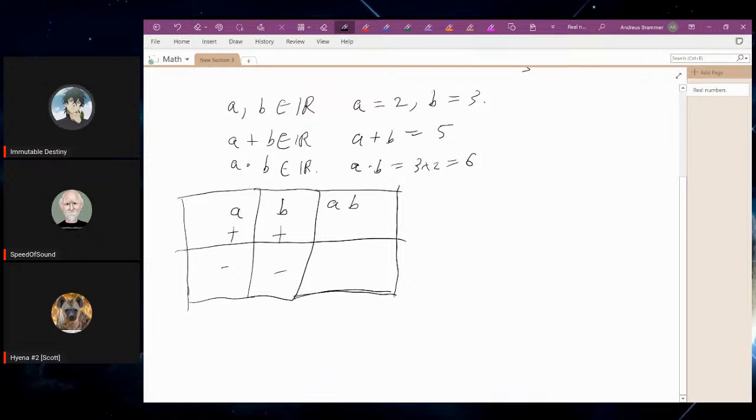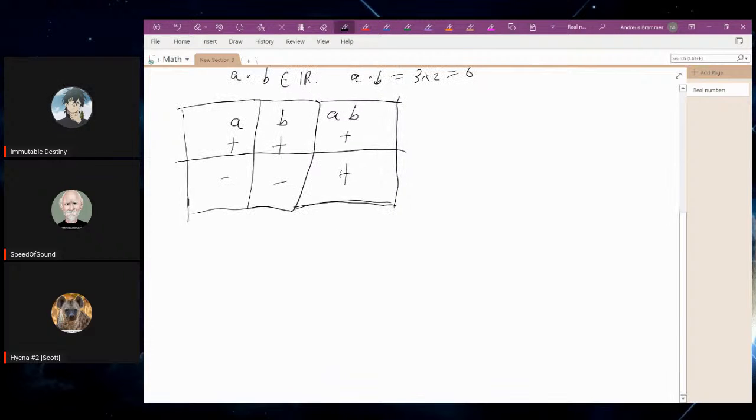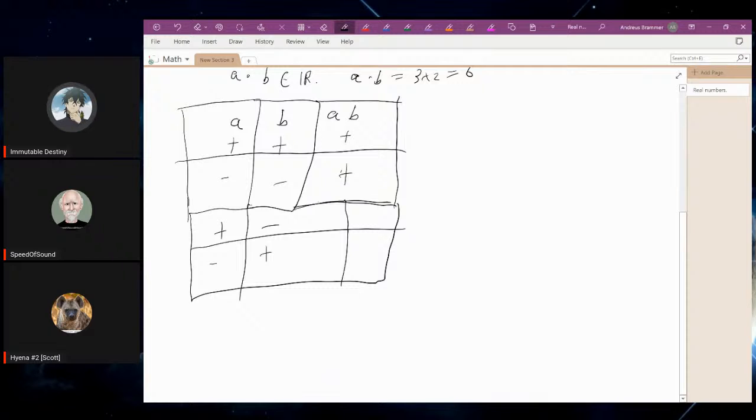A positive times a positive number is positive. A negative number times a negative number is positive. And there's actually 2 more possibilities we can do here, which is, what about A being positive and B being negative? And A being negative and B being positive. Well, then A times B also would be negative, and a negative number times a positive number will also be negative.